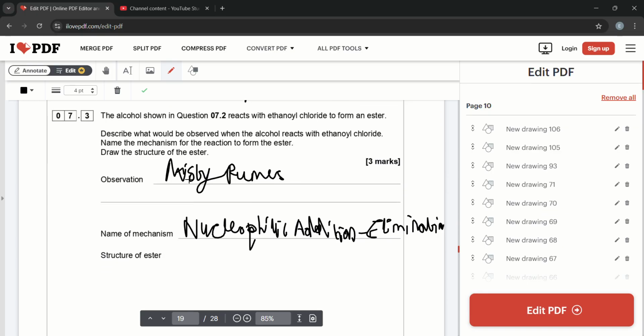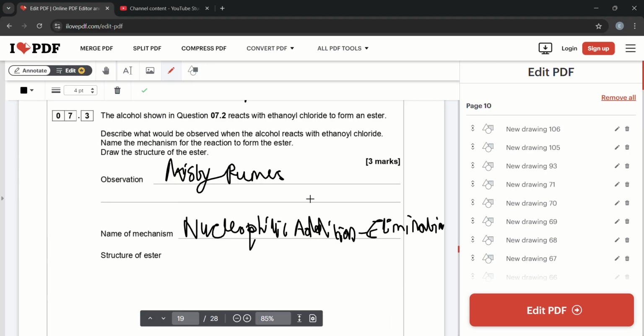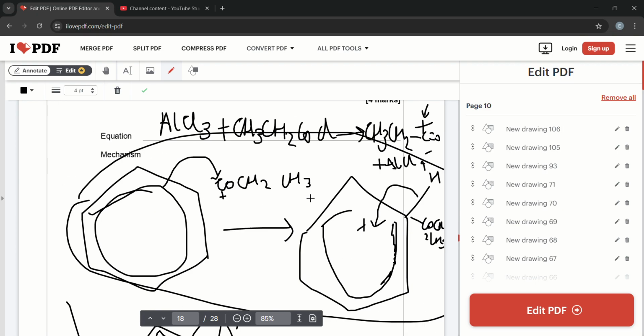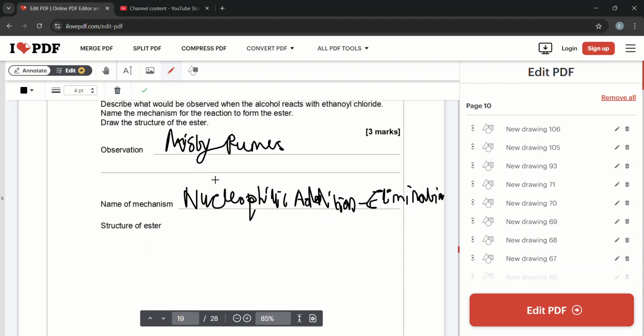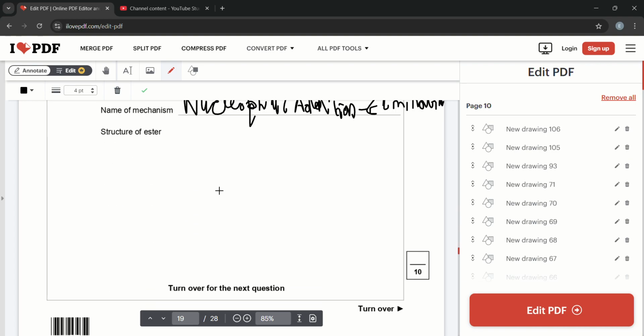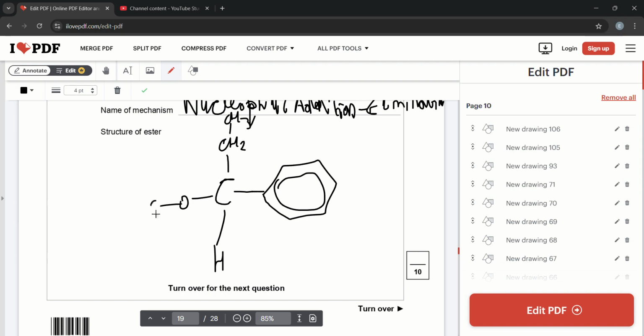and draw the structure of this ester. Well, we're going to have an ester, so it's going to be CH2CH3, H. Okay, it's going to be C, phenyl group attached to it, hydrogen, CH2CH3, O, C double bond O, CH3.